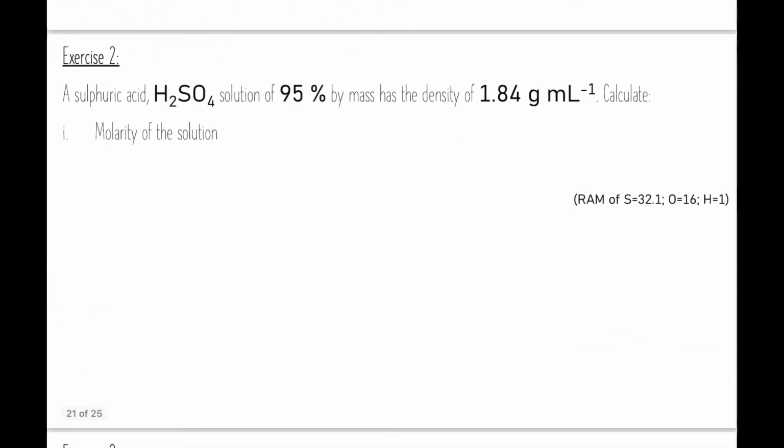A sulfuric acid H2SO4 solution of 95% by mass has the density of 1.84 gram per milliliter. Calculate the molarity of the solution.